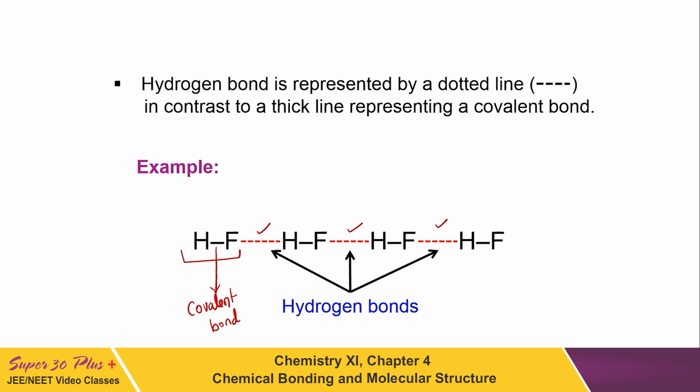So in common terms, you can say a hydrogen bond is formed when a hydrogen atom is stuck in between two highly electronegative atoms. That is the condition for the formation of an H bond.